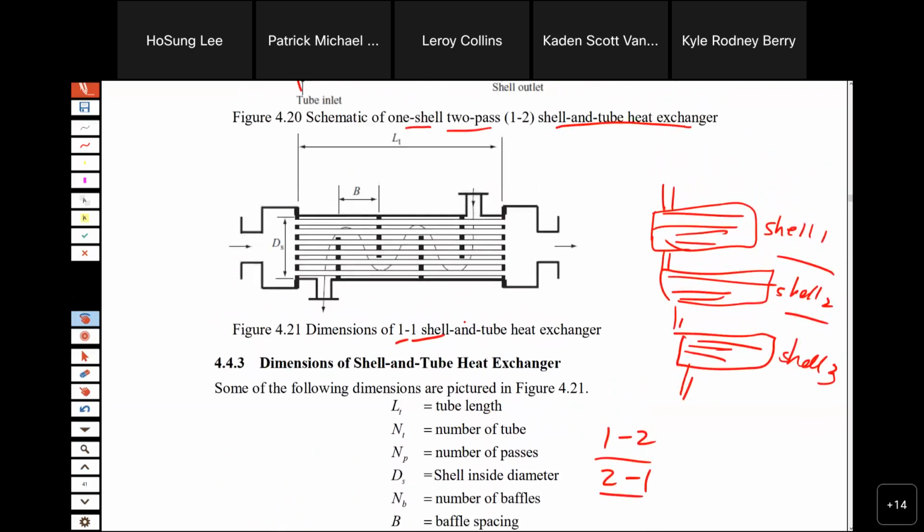So here, this is the baffle spacing and the total length.